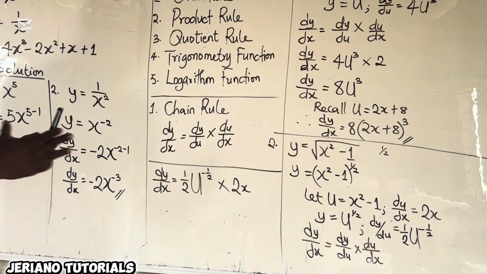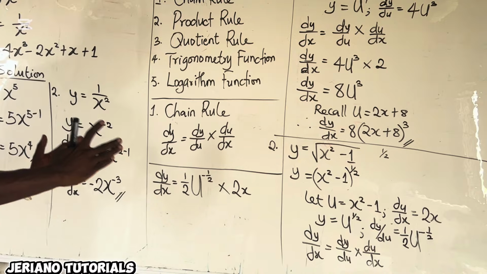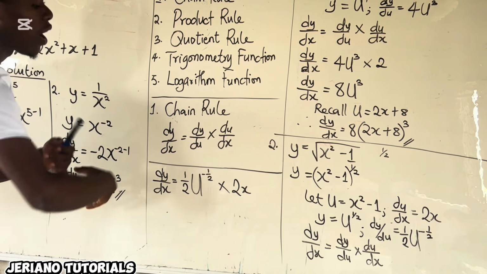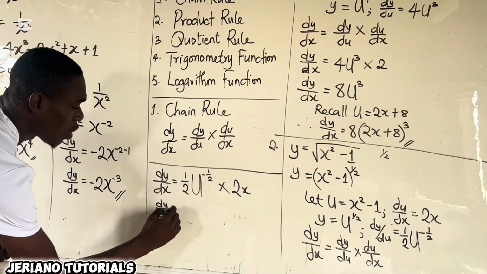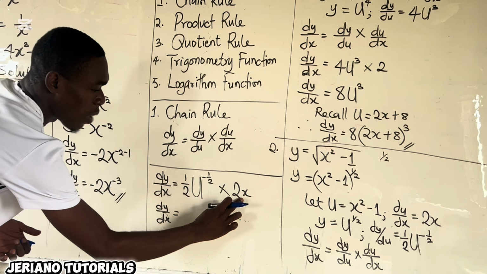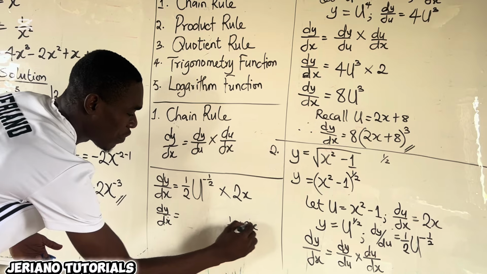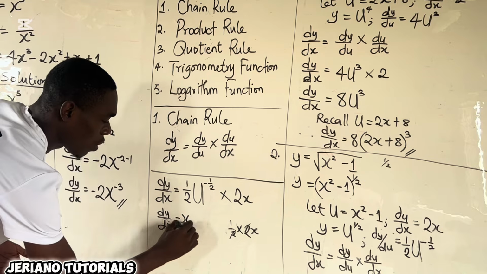Now we do our multiplication. The u raised to the power of minus half is on its own, and everything else we can multiply. So dy/dx is half times 2x; the half cancels the 2, and we are left with x.